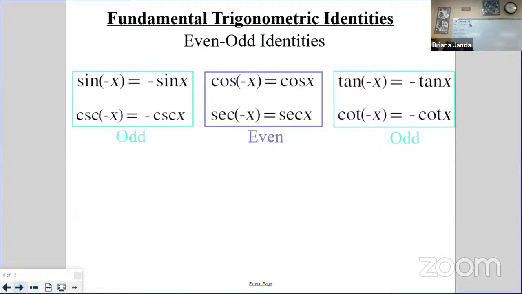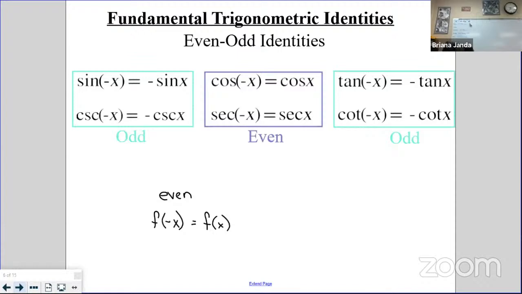Odd and even identities. Back in first semester, we were introduced to even and odd functions. If you remember, on an even function, if we plugged a negative x into our function, the resulting function was exactly identical to the original, so all of our signs would stay the same.